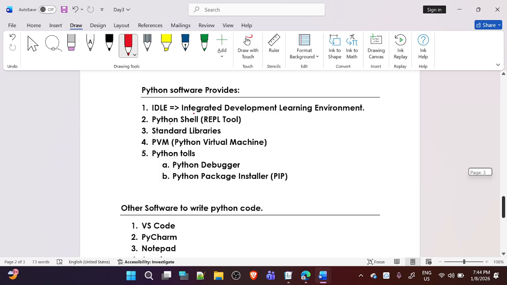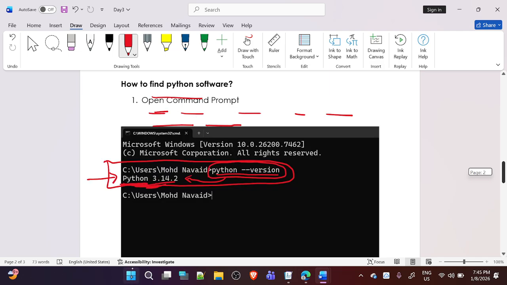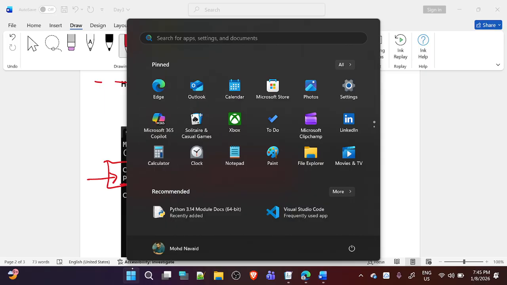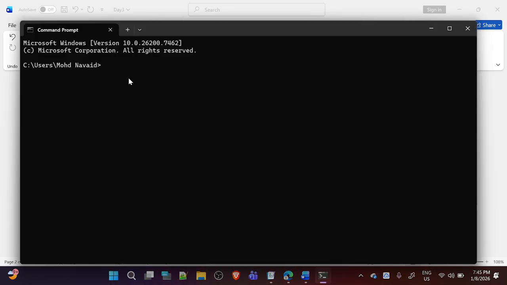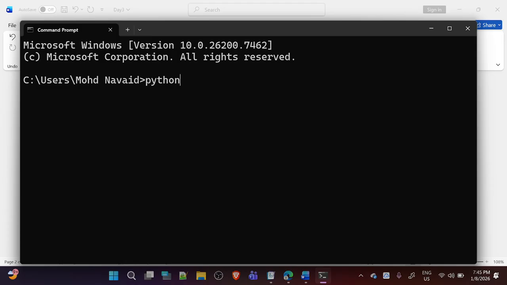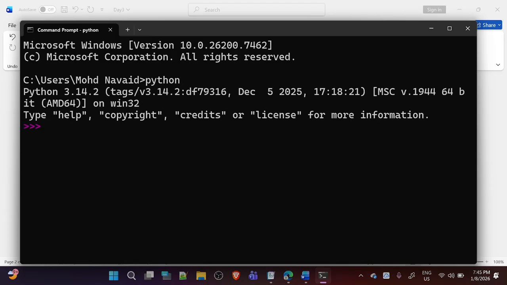Then we discussed IDLE, which stands for Integrated Development and Learning Environment. Python software provides IDLE and the Python shell. The Python shell is a REPL tool. How do you get this REPL tool? If Python is installed, just type cmd to get the command prompt. In the command prompt, if you type python, you will get the Python shell.